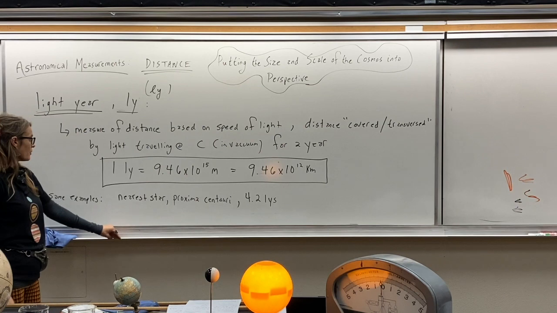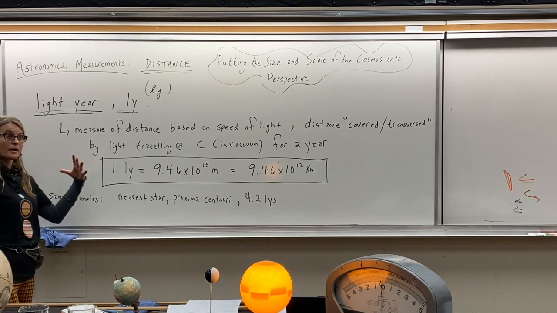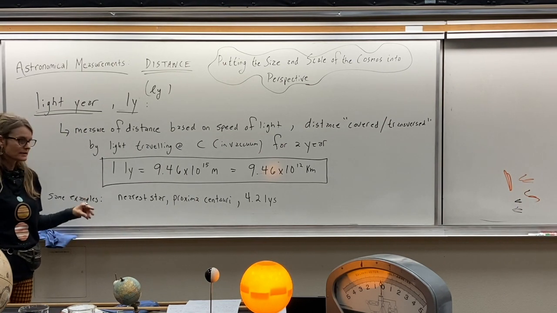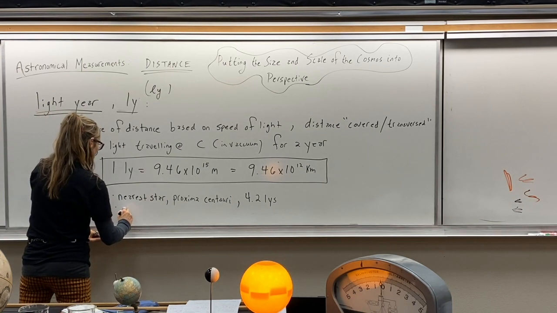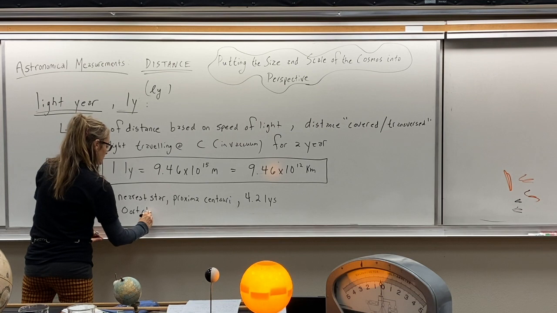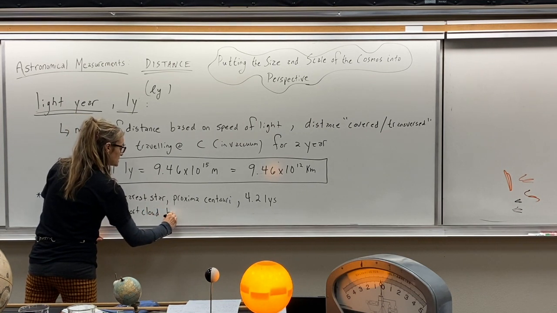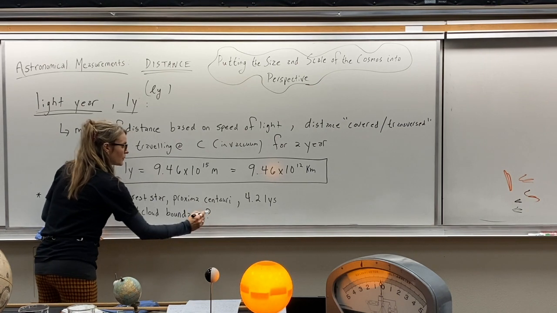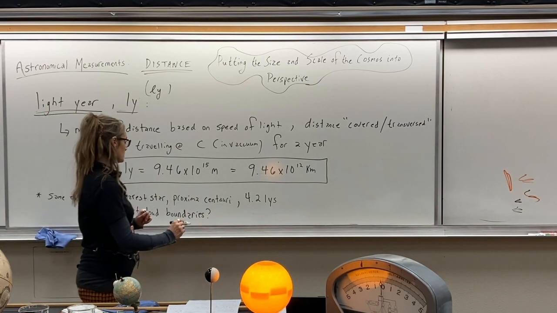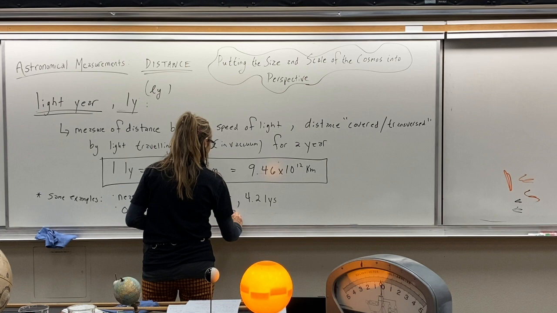We could even say that the outer edges of the Oort cloud is estimated. Nobody knows this for sure. It's still new science. The Oort cloud boundaries, and I'll put a question mark there because we're always updating these numbers, is anywhere from 1 to 3 light years away.